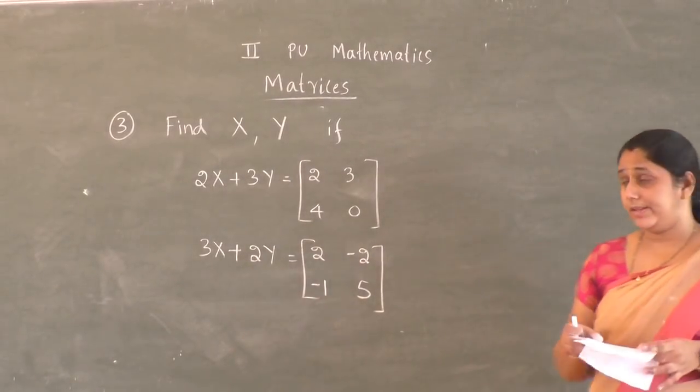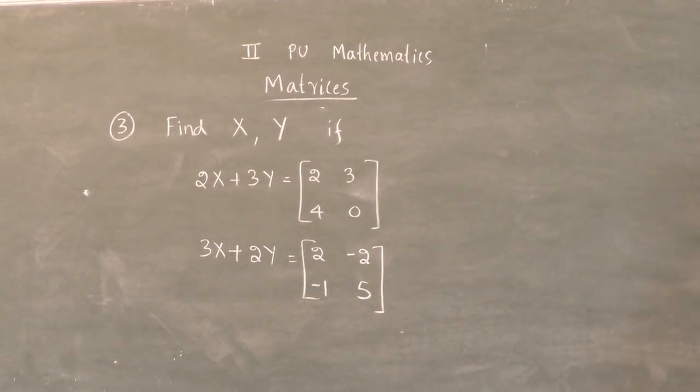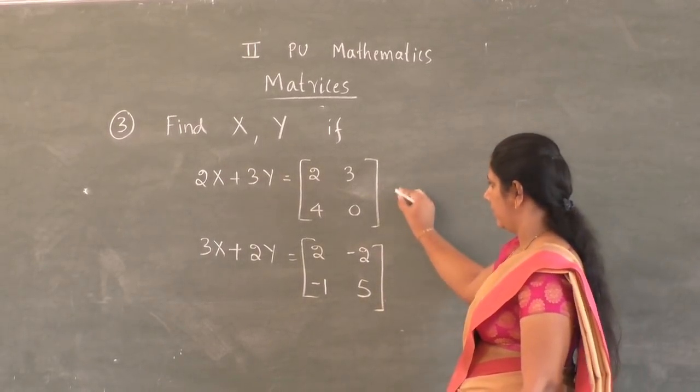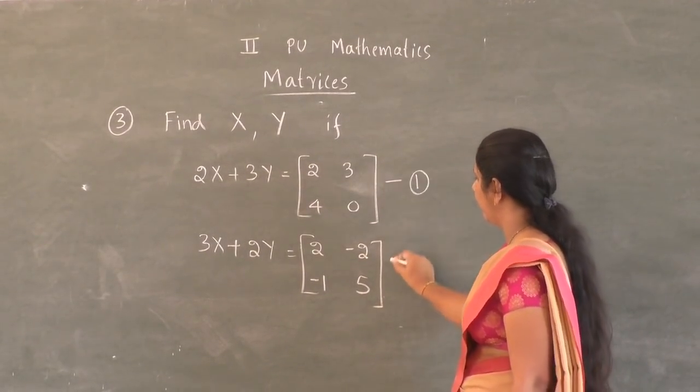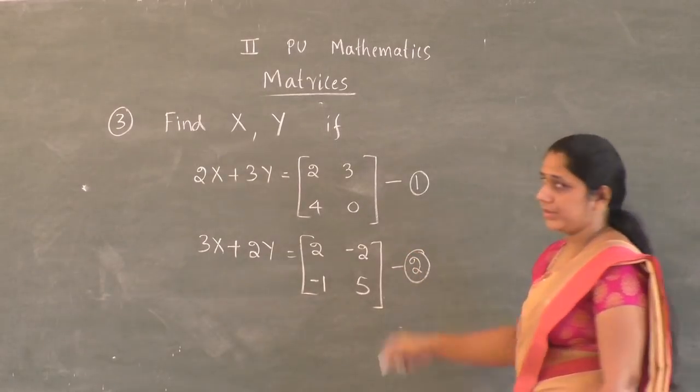The capital X and Y are two matrices. Given two matrix equations, so we take this as equation 1 and this as equation 2.